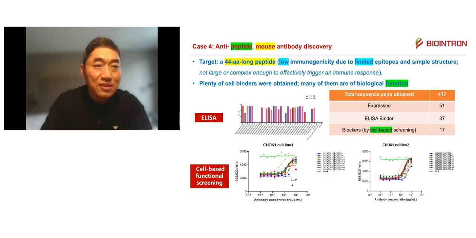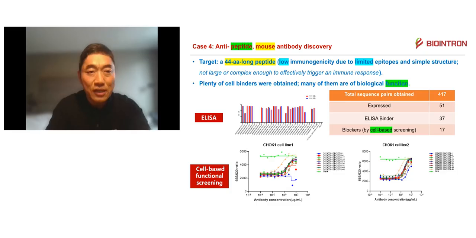The next case is kind of unique because of its size. It's just a peptide, a 44 amino acid long peptide. As we all know, for smaller antigens, either protein or non-protein, because they are not large and their structure is not that complex, their immunogenicity is weak, is low.